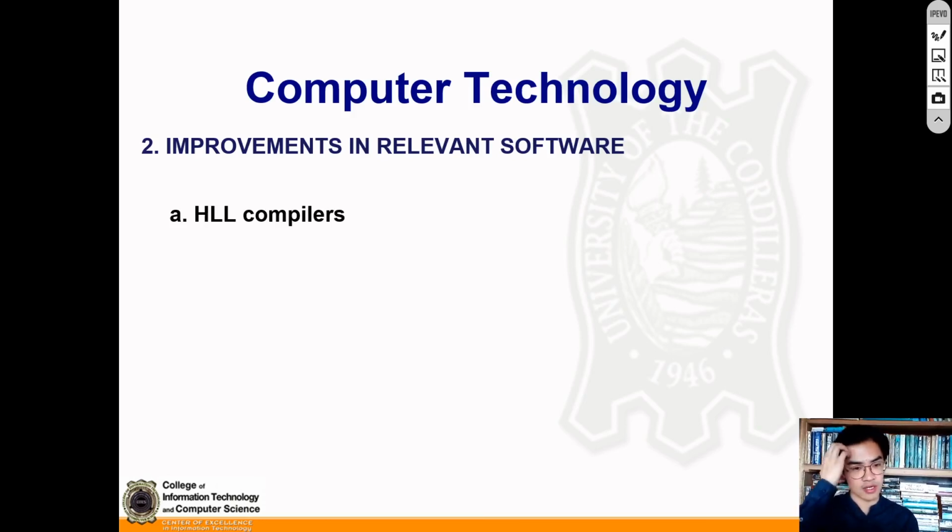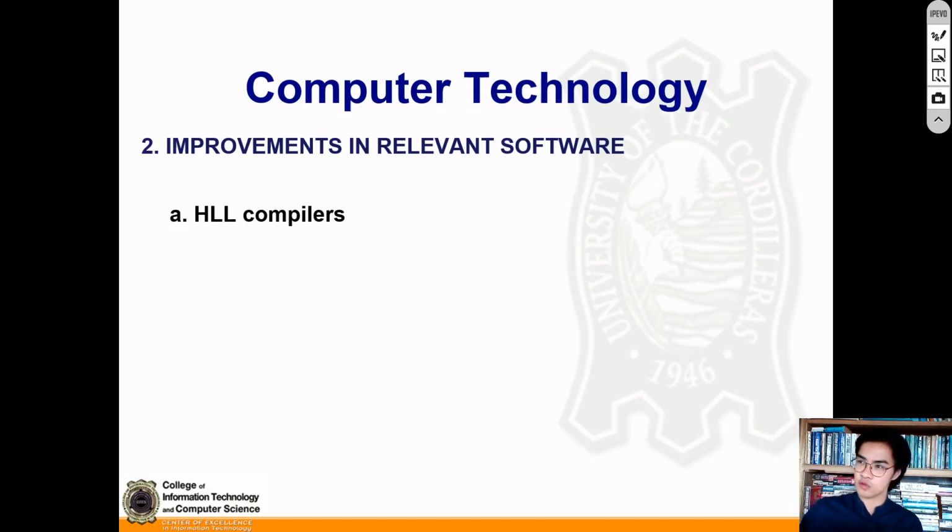The first part is the continuous development in high level language compilers. If you can recall, in your discussions in CC2 and CC4, higher level languages are languages that are human readable and are subsequently compiled and interpreted into binary.